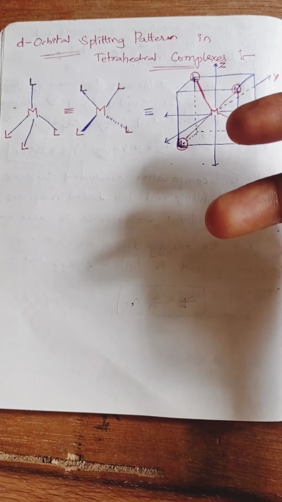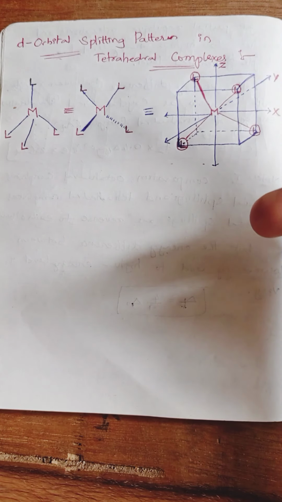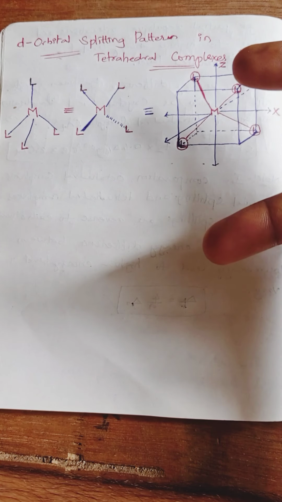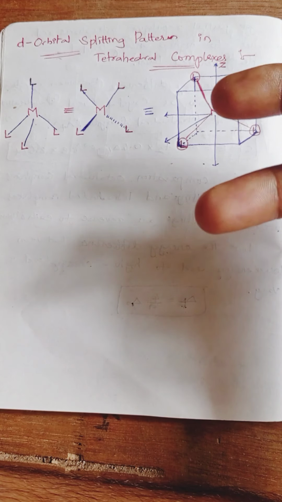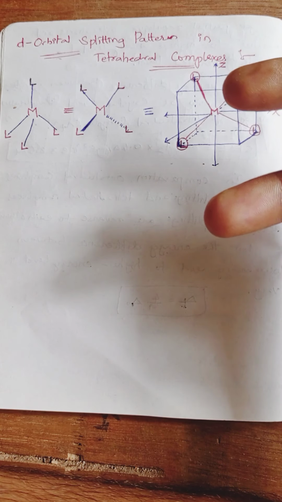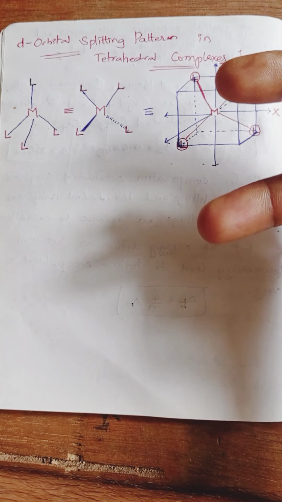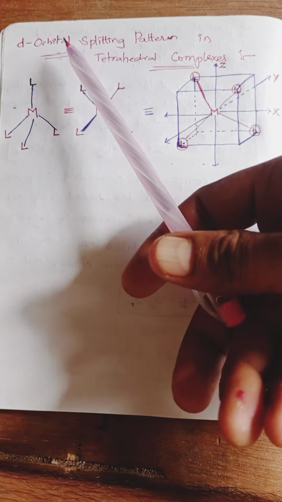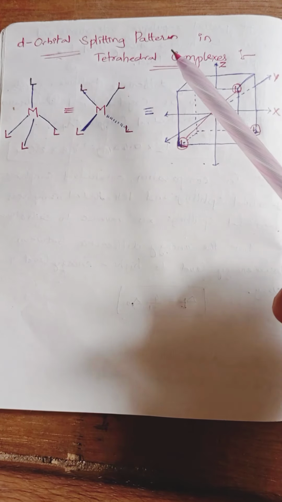That will give you the orientation of ligands approaching towards the metal, and when approaching the metal, which type of orbitals are going to be affected by the ligand approach. This will give you the exact d-orbital splitting pattern in different complexes, right?